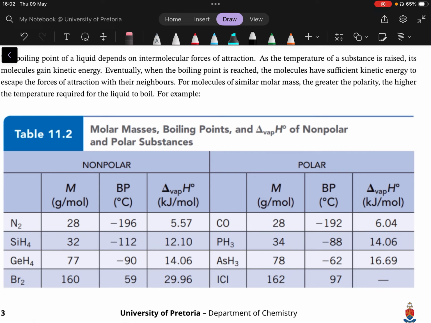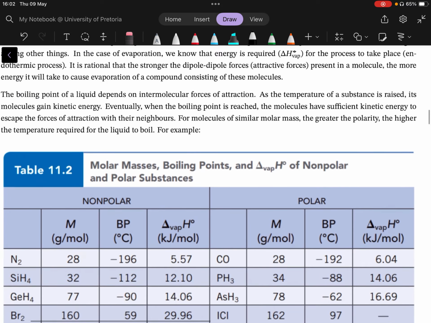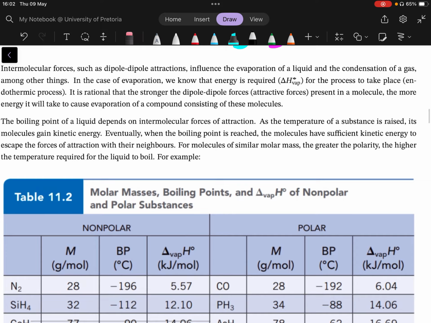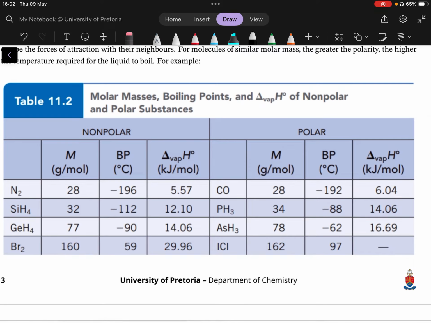Because they are stronger, they lead to higher boiling points, higher melting points of substances, and hence also larger enthalpies of vaporization. In this table, we always try to compare things of equal molar mass.